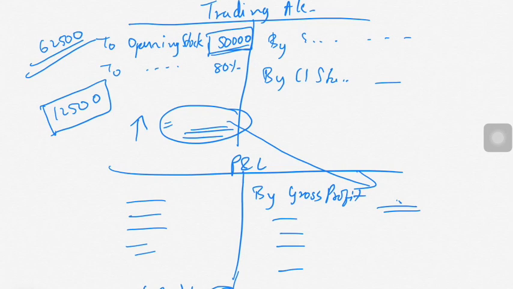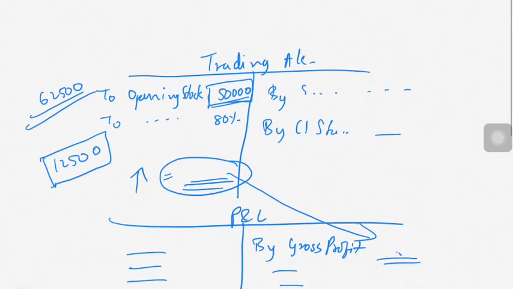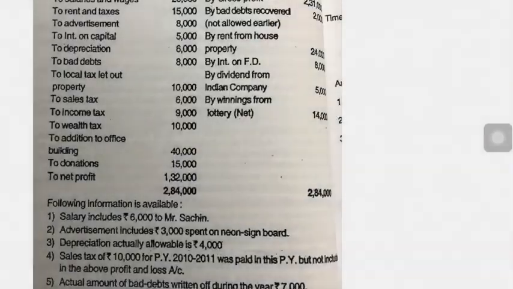That means my gross profit is overstated by 12,500, and my net profit is also overstated by 12,500. That means my net profit is not correct. So I will subtract 12,500 from my net profit. Got it?